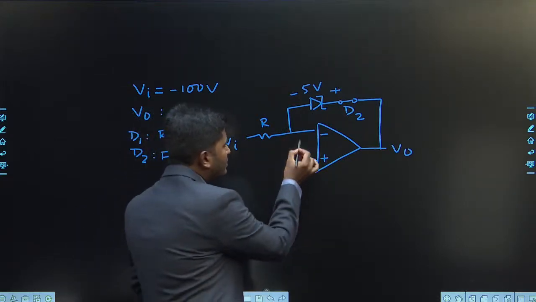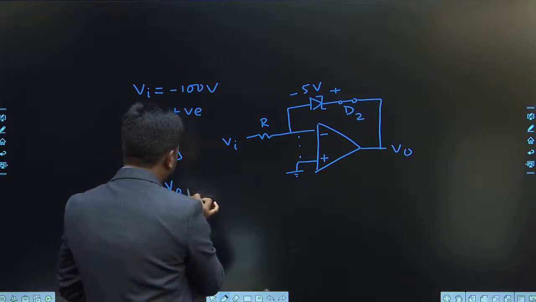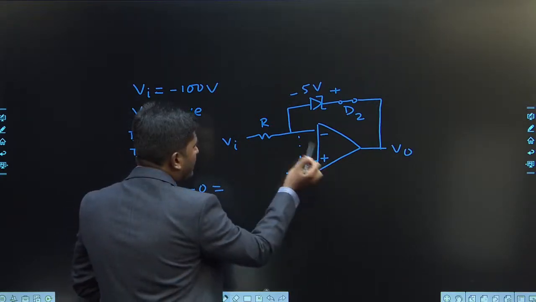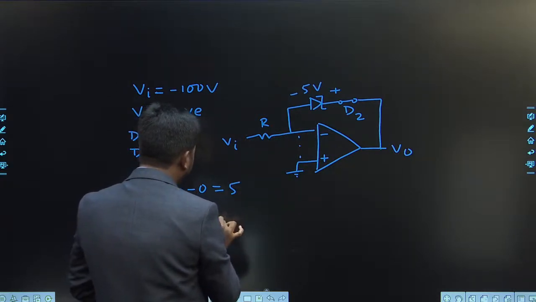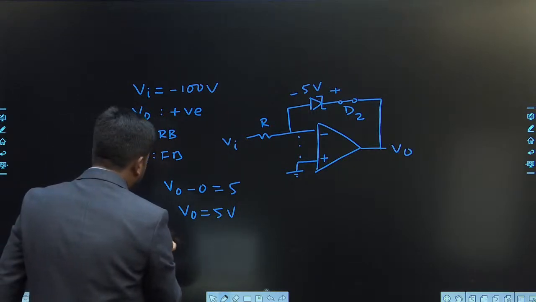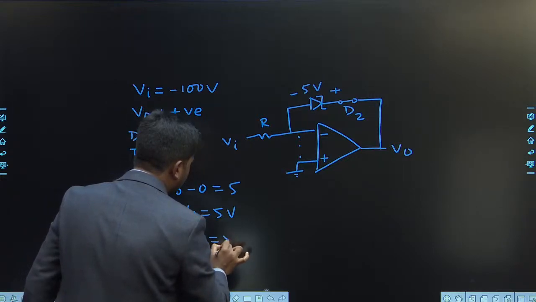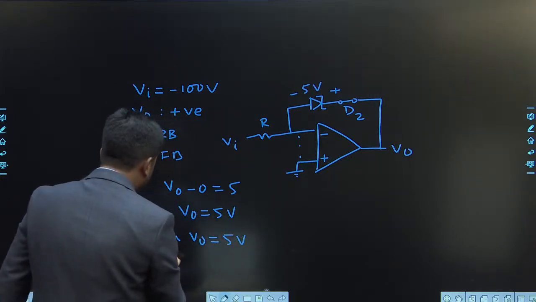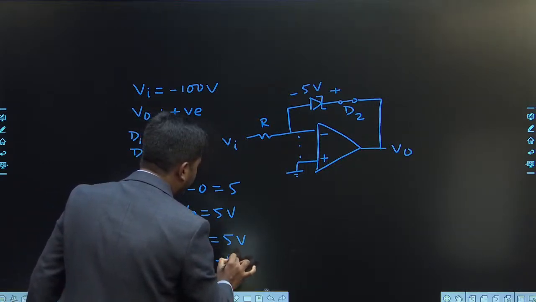So if you write output by observation, it is V0 minus 0 equal to 5 volt. So I am getting output 5 volt. So finally in this question we can say maximum output is 5 volt and minimum output is minus 15 volt.